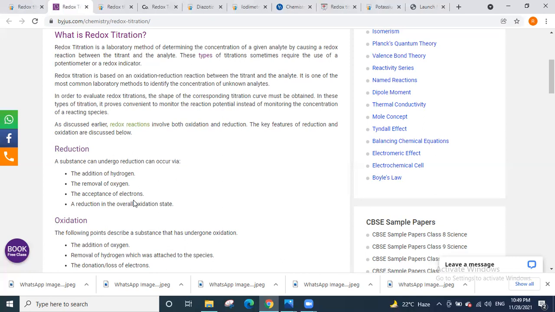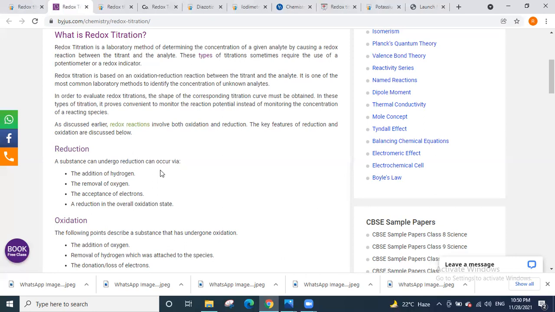We can define reduction as a substance that undergoes an addition of hydrogen or the removal of oxygen, or that gains electrons, or depending upon the oxidation state, whether the oxidation state increases or decreases. We have different definitions.